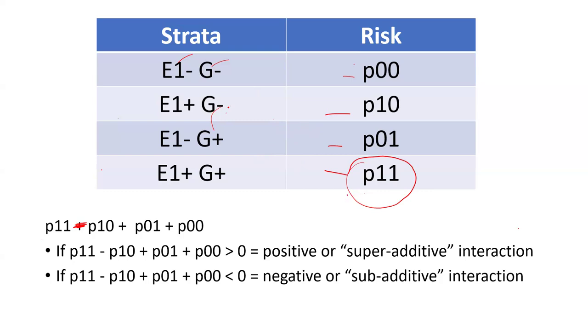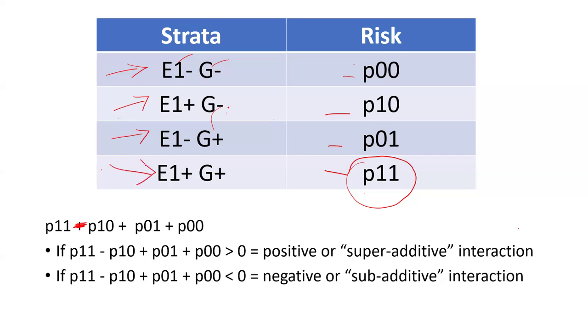Yes. See, in the interaction, what we are interested in is these four groups. So you have two exposures, exposure 1 and exposure 2, yes or no. So this is a category of people in whom there is no exposure, either of the exposures absent; one exposure present, the other absent; the first exposure absent, the second present; and both exposures present.